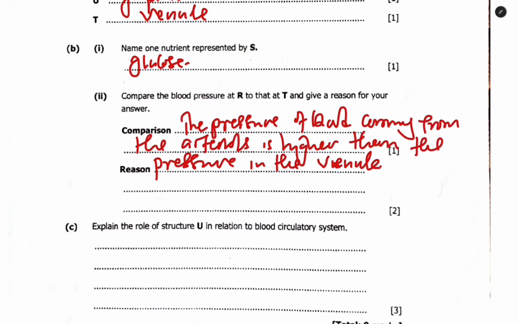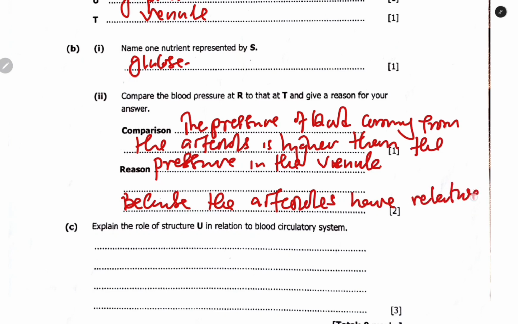In other words, you can say the pressure in the arteriole is higher than the pressure in the venule, but we are looking at it in terms of blood. I guess that would be okay. Now, what is the reason? The reason has to do with their structure. Because the arterioles or arteries have relatively thick muscular walls than the venules or the veins.